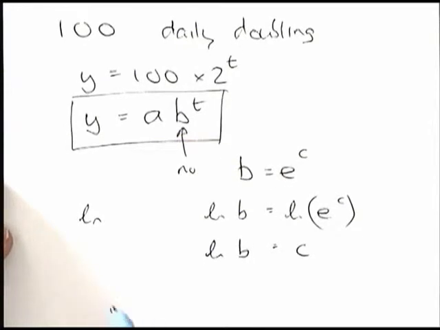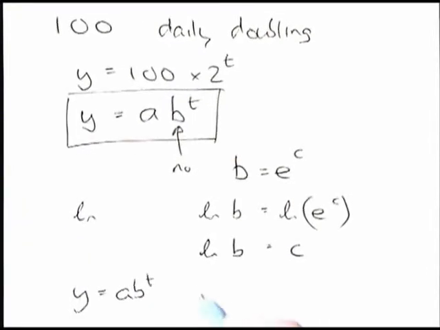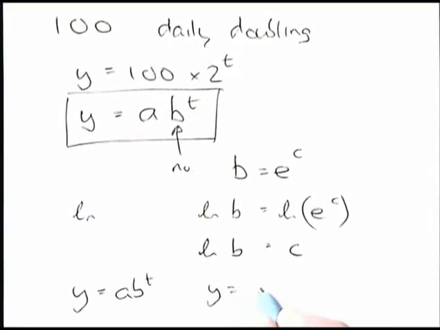So what we've got now is our original equation, which is Y equals A, B to the power of T. I could write down as Y equals A, B, now hang on, what's B the same as?